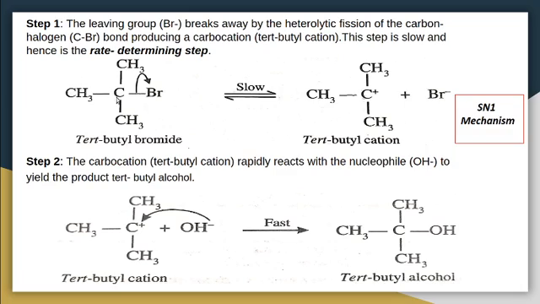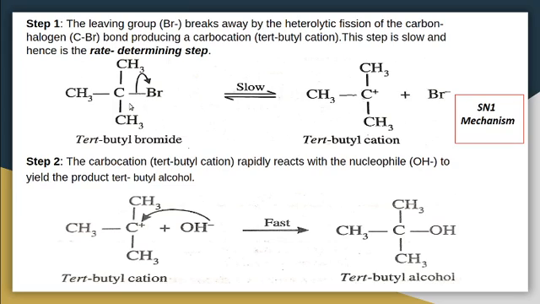Why does it not follow the SN2 mechanism? In the case of tertiary alkyl halides, we can see the structure of tertiary butyl bromide. Here you can see three methyl groups and one bromine group.